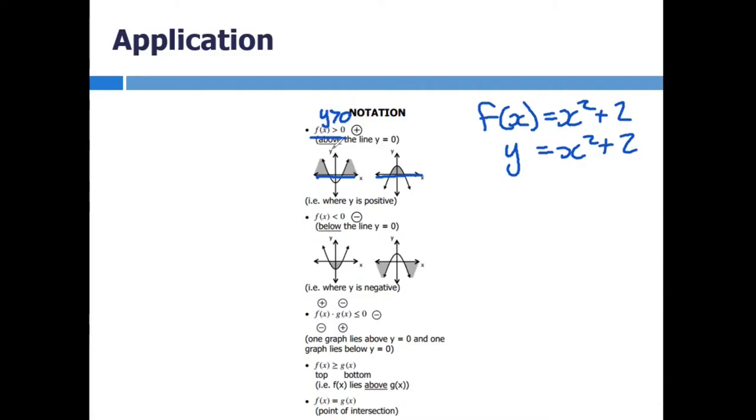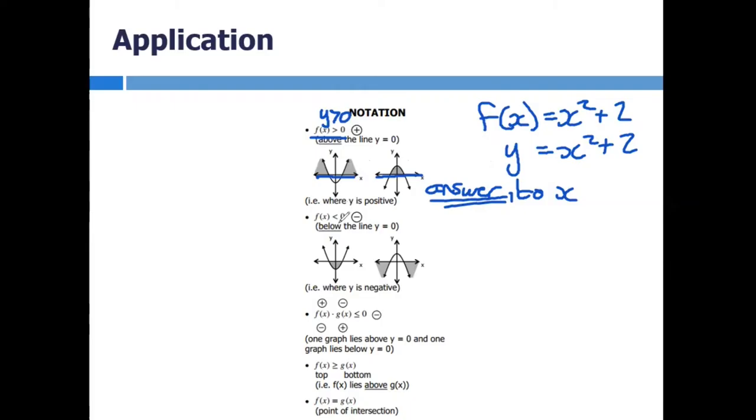But then they will always ask for which x values does that happen. So you first look at your y values, and we will be doing some of those immediately after this. You first look at your y values, and once you know which section you're talking about, like they've shaded in here, your answer is going to be in terms of x. So you don't look at the x's to begin with, because the question, they're asking about y, then you answer with your x's.